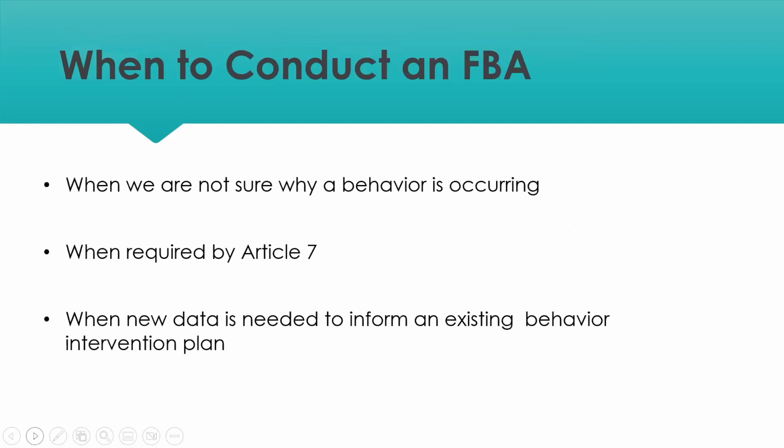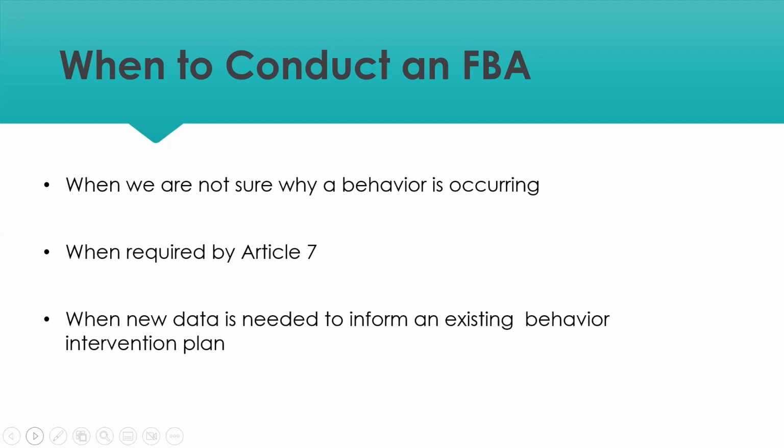So when do we do a functional behavior assessment? When we're not sure why the behavior is occurring, when Article 7 says we have to, and when new data is needed to inform an existing behavior plan. One thing about that: if you're in an IEP meeting and you say we need more information, unless it's something required by Article 7, a parent can tell you no, I'm not going to allow more data to be collected on my student.